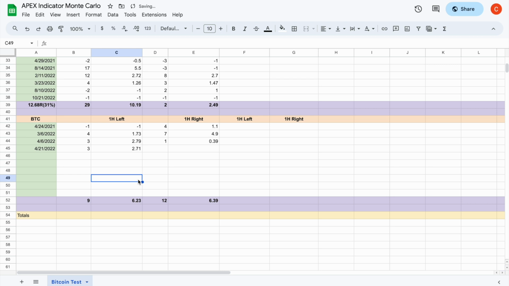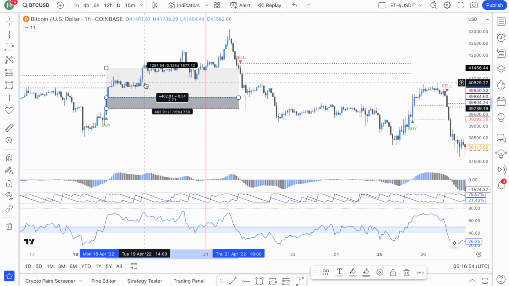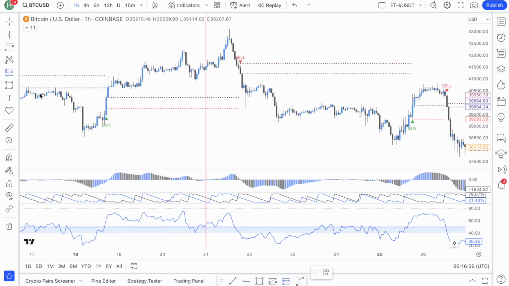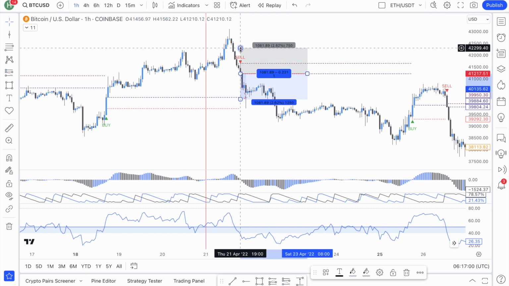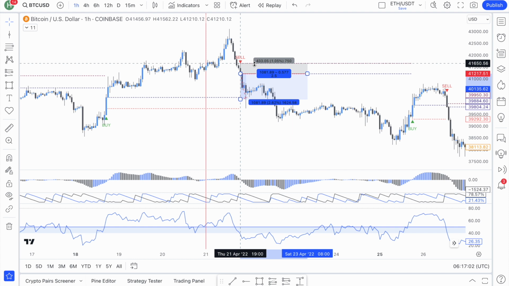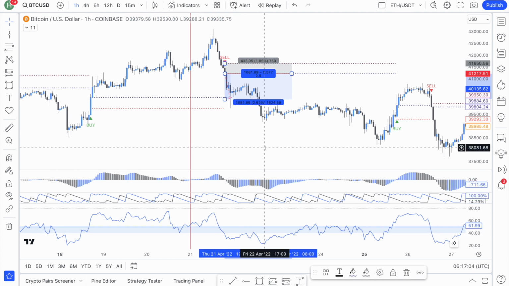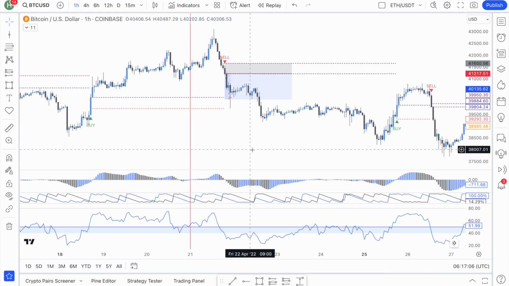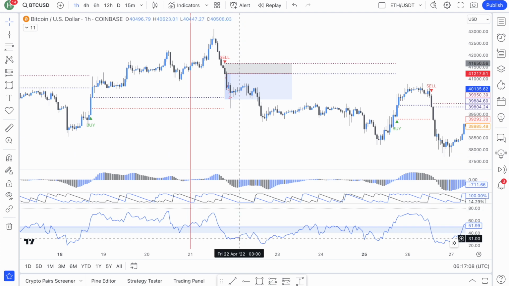All right, and then we'll go on to the next one. As you can tell, a lot of the reasons I'm kind of handicapping myself is because of my personal trading strategies. Yours may be different. So this looks good overall.